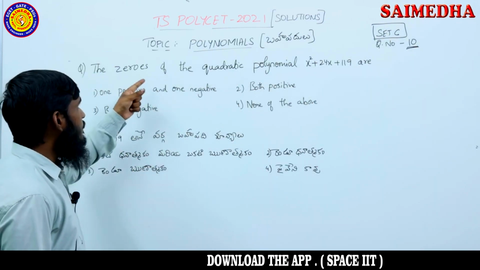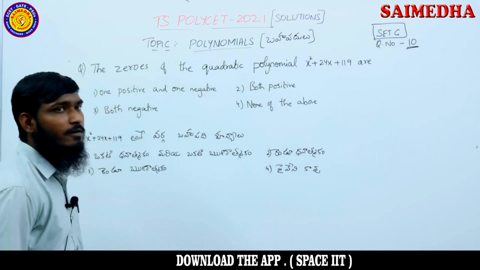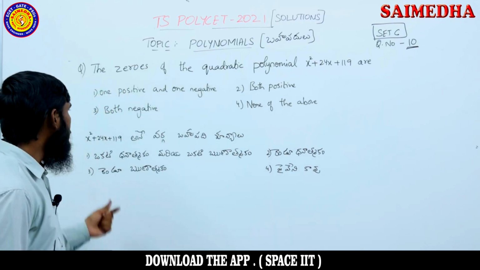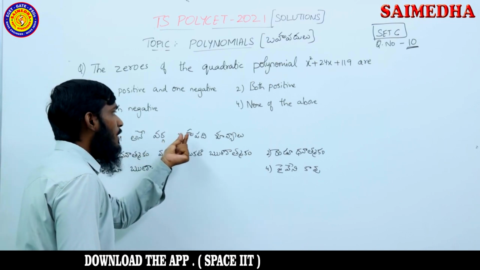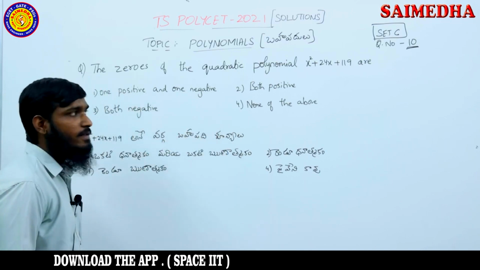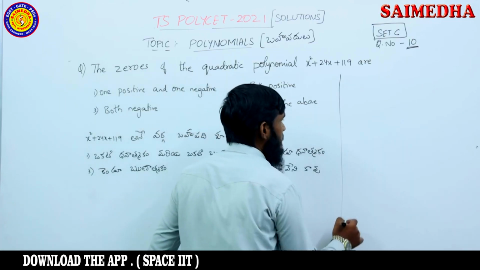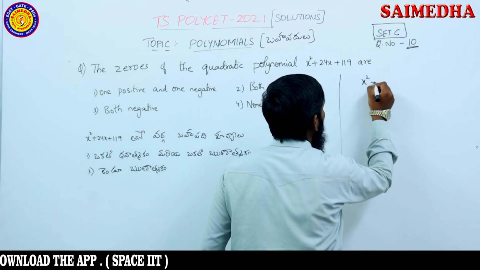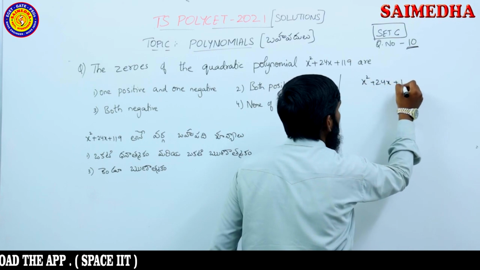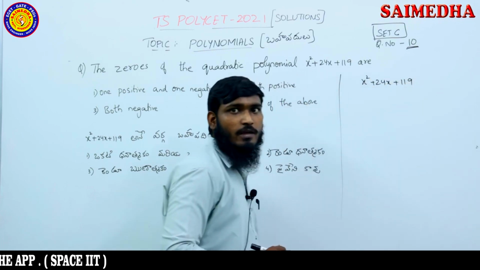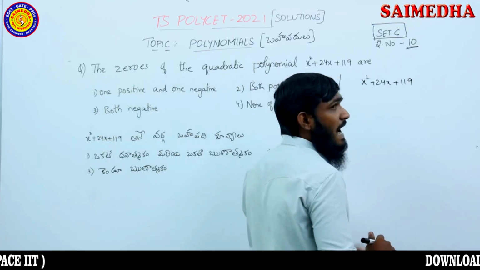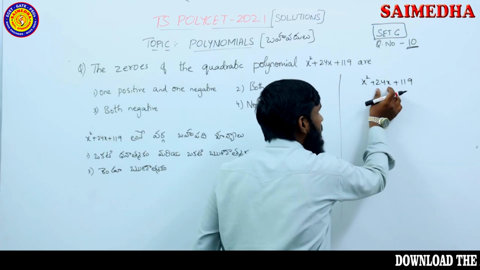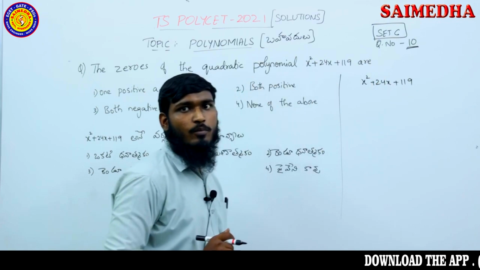You have to find the zeros of the quadratic polynomial x square plus 24x plus 119. Let us write it over here: x square plus 24x plus 119. You can solve this quadratic polynomial either by the splitting the terms method or with the quadratic formula.